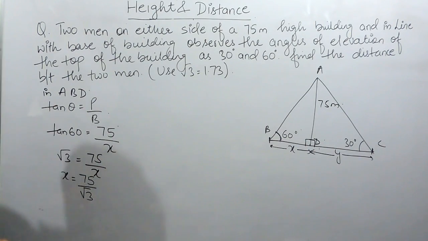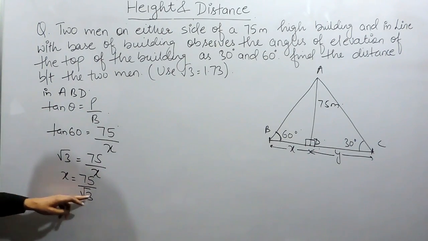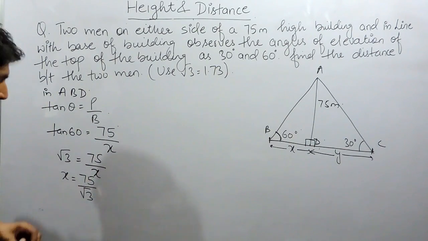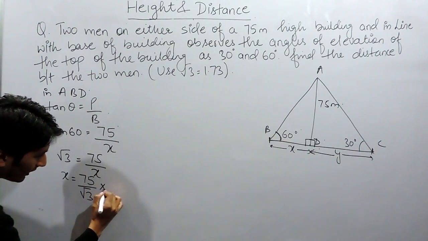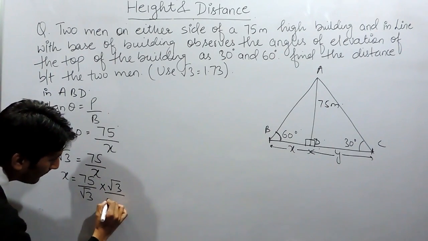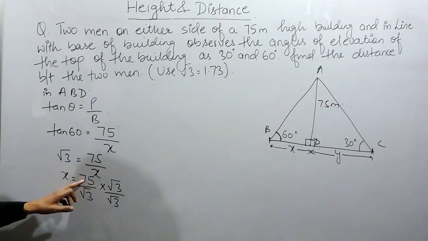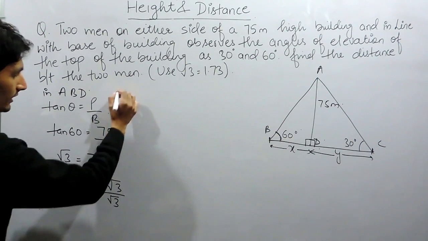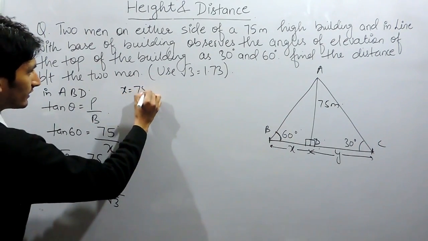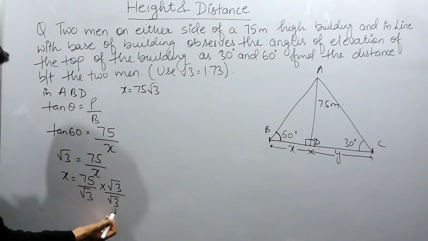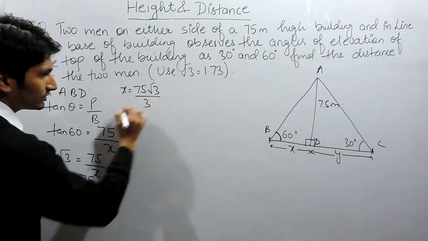Now, when there is a root in the denominator, we have to rationalize. So I multiply as well as divide by root 3. If I multiply 75 by root 3, the value of x will be 75 root 3, and root 3 multiplied by root 3 gives us 3.